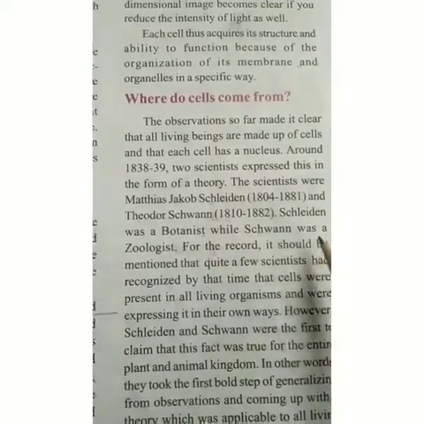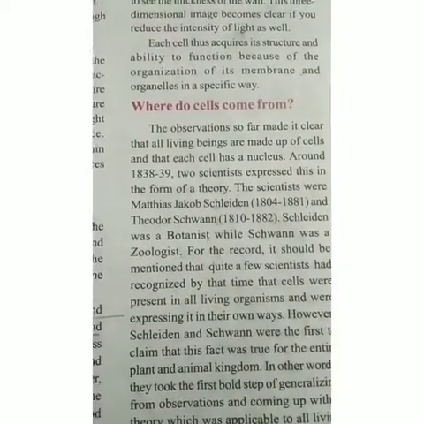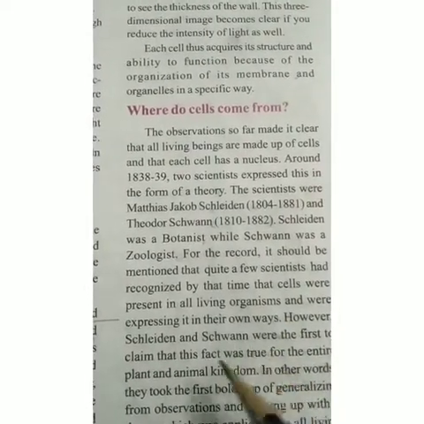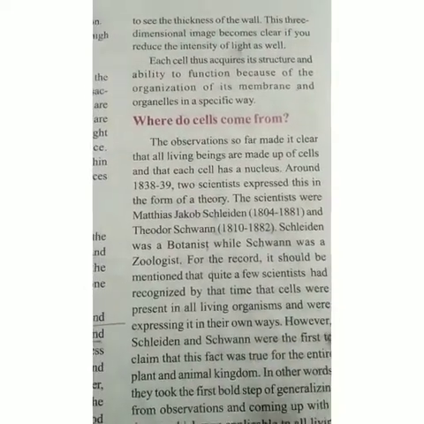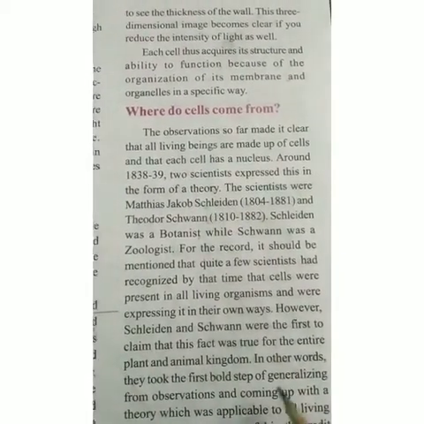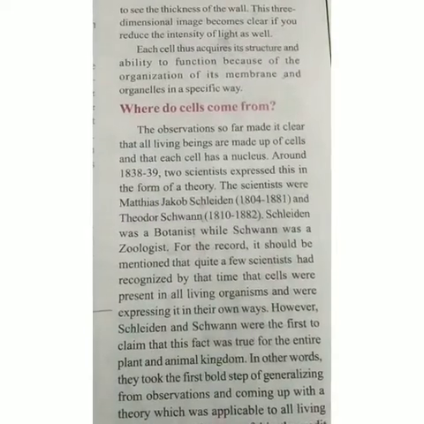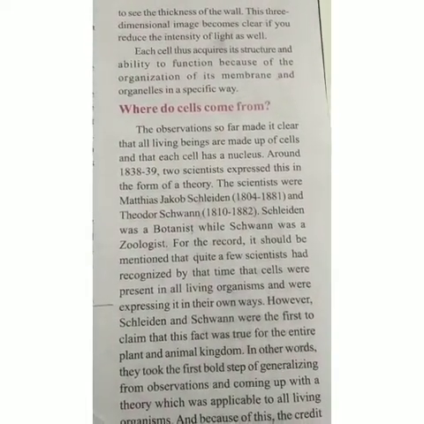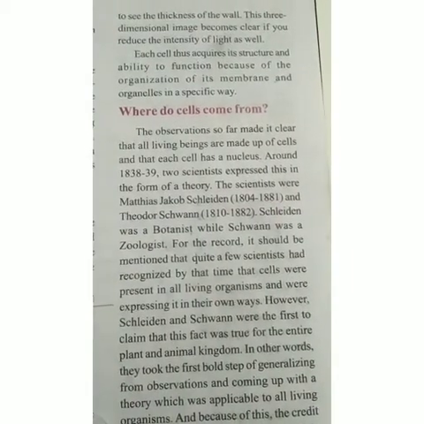Schleiden was a botanist, Schwann was a zoologist. Few scientists recognized that cells were present in all living organisms, and they expressed it in their own ways. Schleiden and Schwann were the first to claim that this fact was true for the entire plant and animal kingdom. Because of this, the credit for propounding the cell theory goes to them.